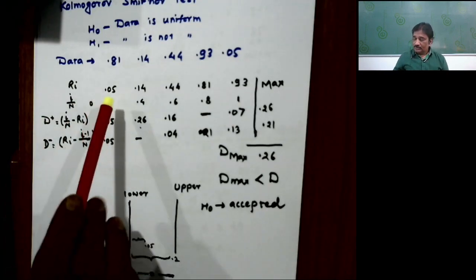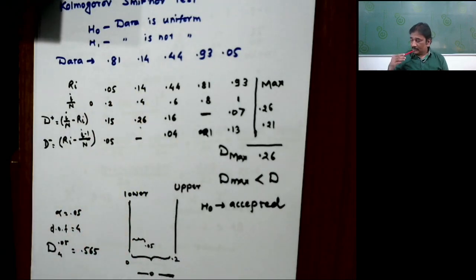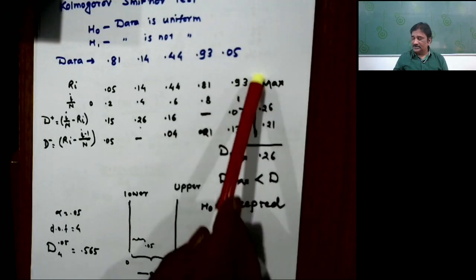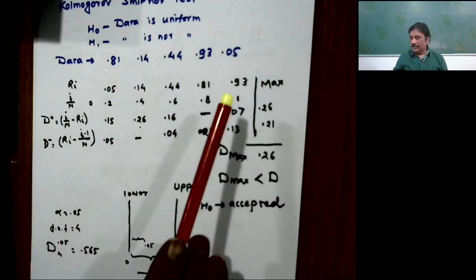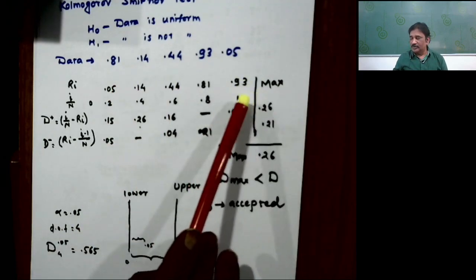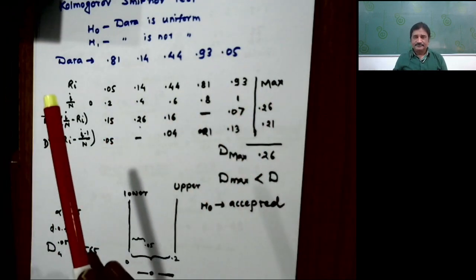Now when you take the upper bound, this value instead of being 0.93 would have been 0.2. And what would have been the difference in that case? 1 minus 0.2, that would have been 0.8, and possibly that would have been the maximum.